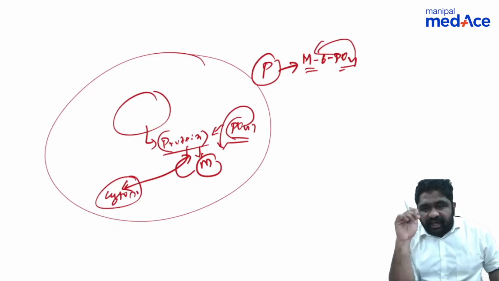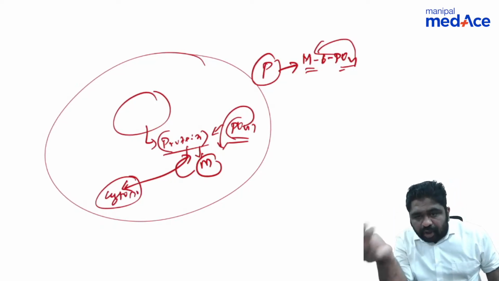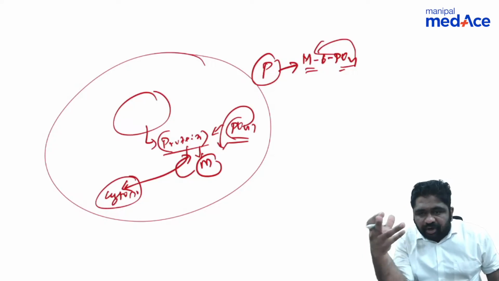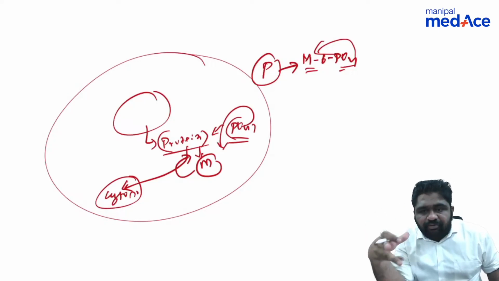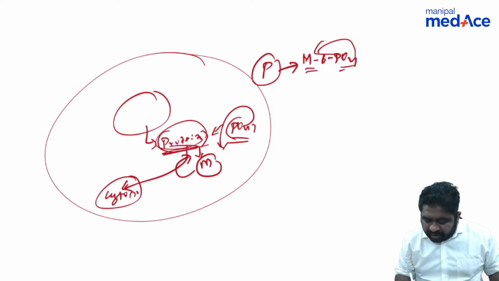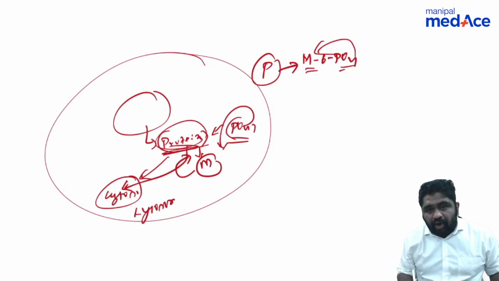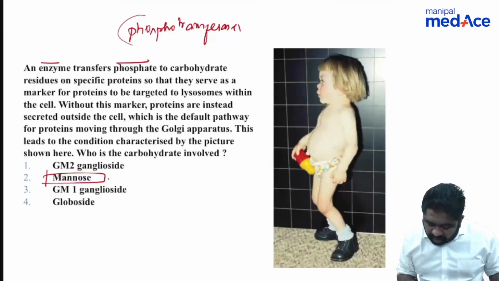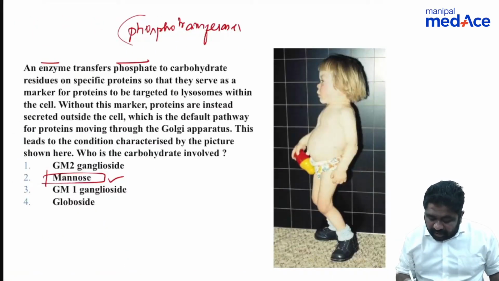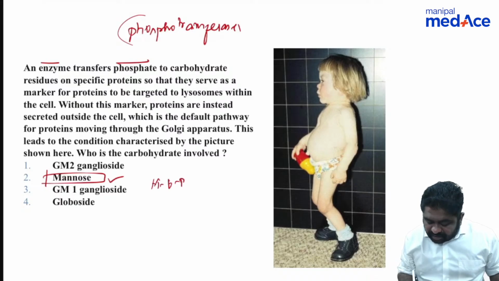When the enzyme, the phosphotransferase, is not present, the mannose will not become phosphorylated. If the mannose does not become phosphorylated, it will not be able to direct the protein into the lysosome. Or if mannose itself is not there, it can't go to the lysosome. So the carbohydrate involved is mannose, and mannose 6-phosphate is not formed.